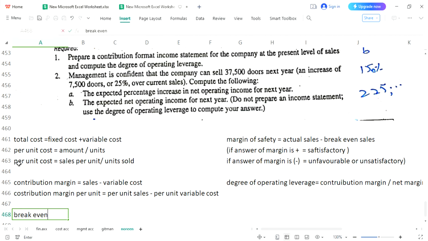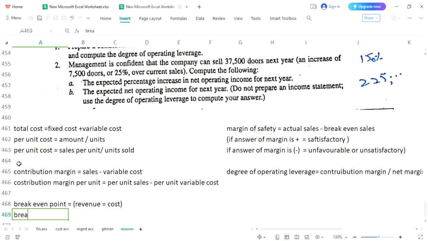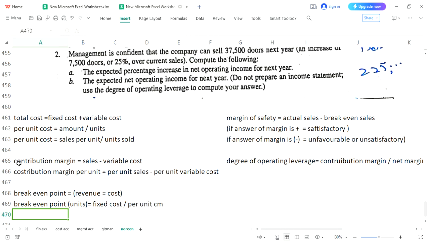Break even point is a point where your revenue is equal to cost. We have also discussed break even point in terms of units, where you divide your fixed cost by per unit contribution margin.